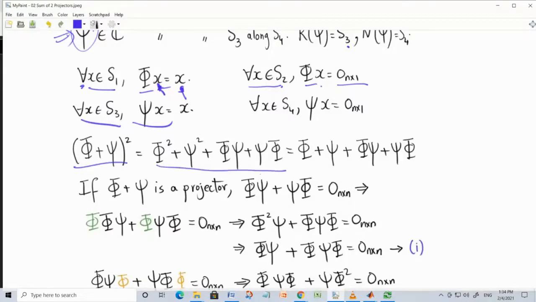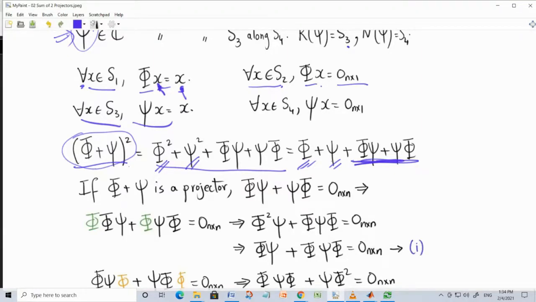When you square it, you get 4 terms, and phi itself is a projector, so its square is equal to the matrix, the same for psi, but then you get cross terms. So this square is phi plus psi, but then you have those additional terms, right?